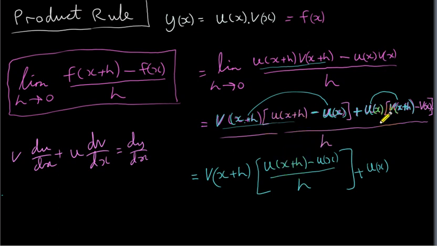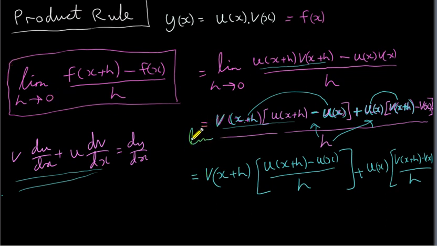So we put h under both terms here, and we factorize u of x out of the second term, so we get Newton's quotient applied to the function v. And now it's in this form that we're aiming for. The next step is just to take the limit as h tends towards 0.